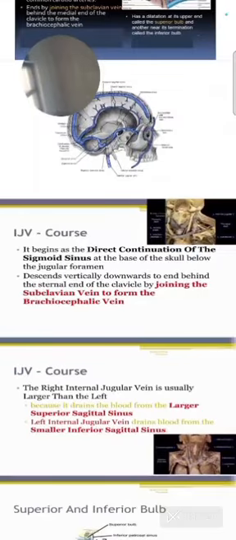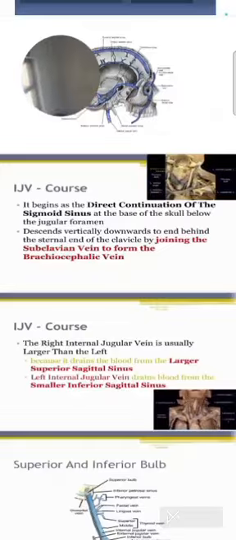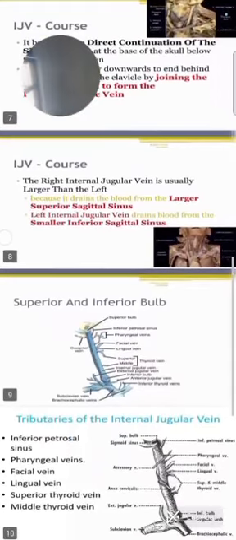So the internal jugular vein course and relations: it begins as the direct continuation of the sigmoid sinus. The sigmoid sinus is located at the base of the skull, just below the jugular foramen. This descends vertically downwards to the sternal end of the clavicle, joining the subclavian vein, and together it forms the brachiocephalic vein.